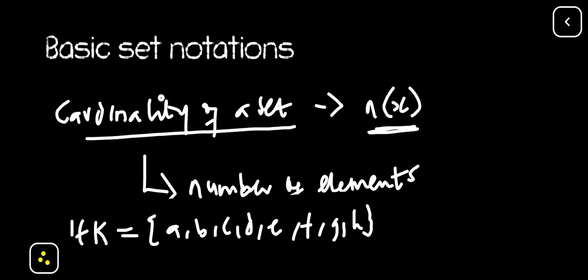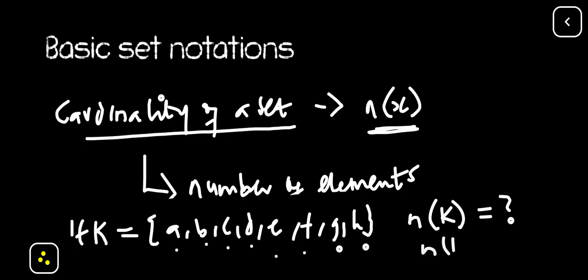They are asking you in terms of, what is n of k? Basically we've already learned that n of k is called cardinality. So it's like asking what is the number of elements in the set. So you're going to count them: 1, 2, 3, 4, 5, 6, 7, 8. So n of k is equal to 8. All right. So this is one important set notation you must know.